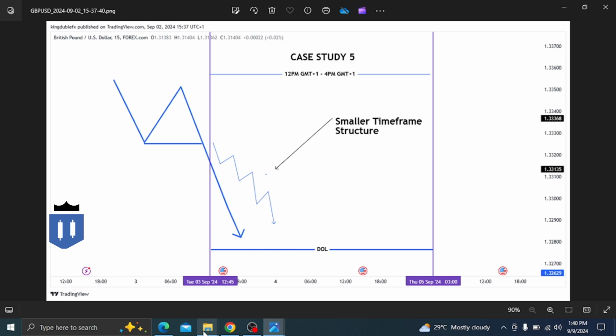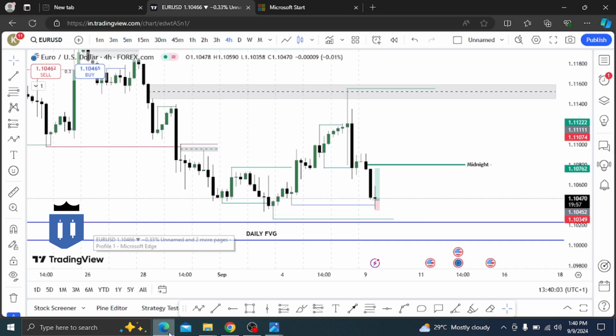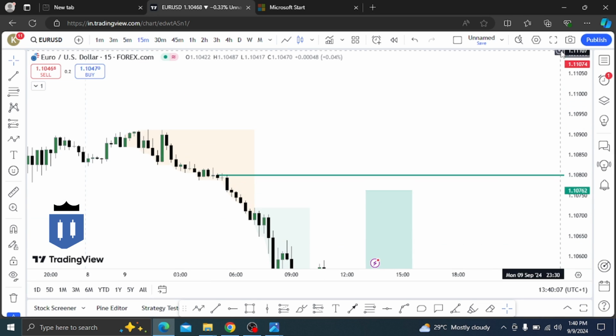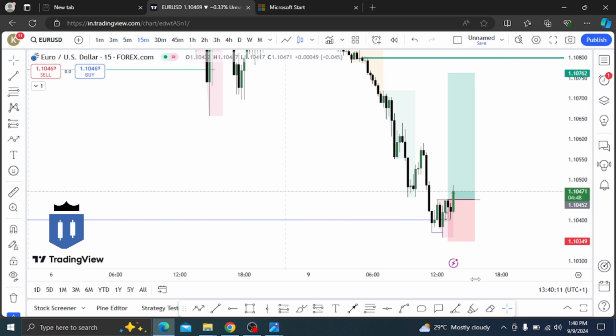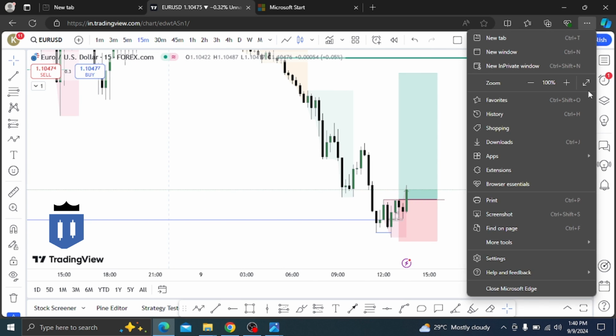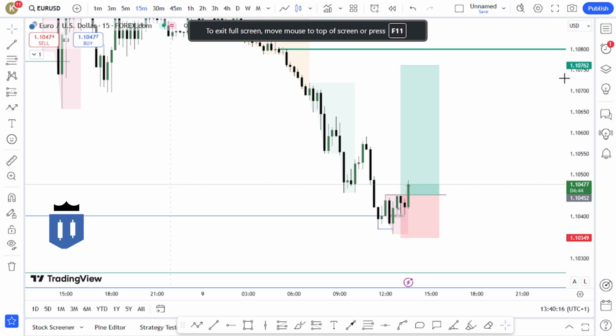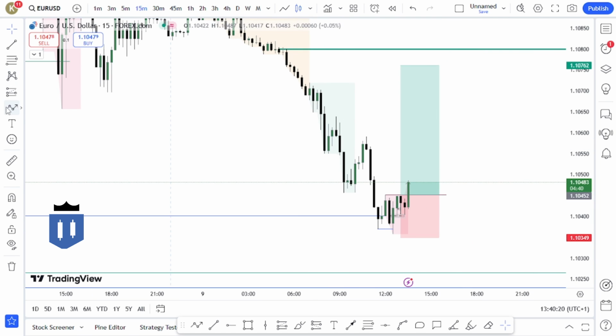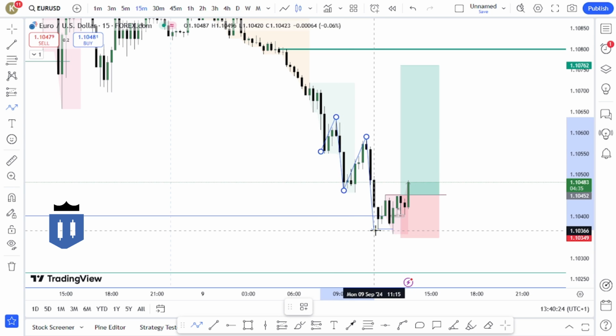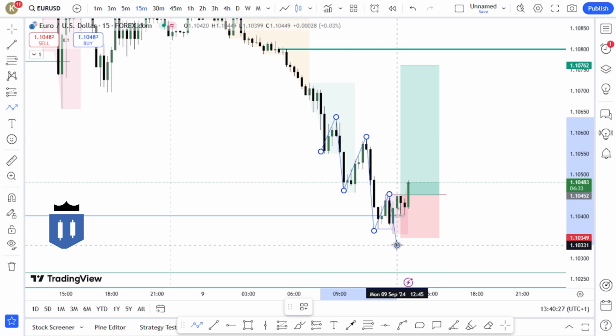So let's see the 15 minutes time frame of that trade. Now this is the 15 minutes time frame of this trade. As you can see, if you check how it's moving, it's having the step I talked about, and we just did this.